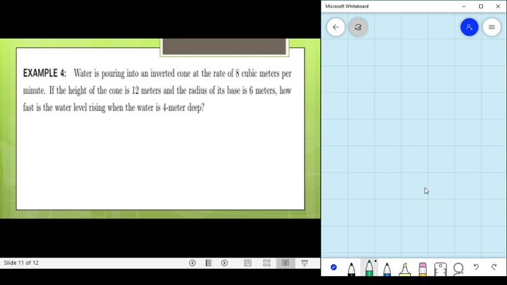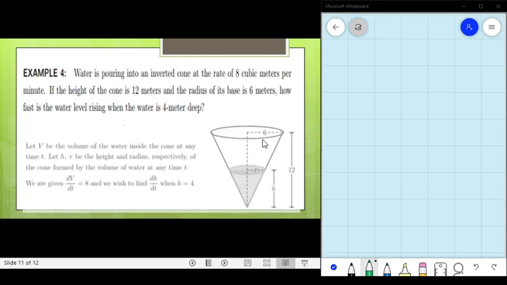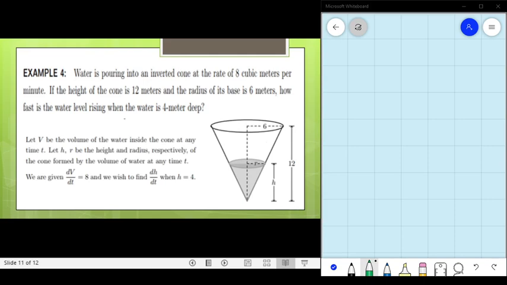So in this case, we have this illustration that this is a cone, and the height is 12 meters, and the radius is 6 meters, and the water is 4 meters deep. We want the rate at which the water level is rising when the water is 4 meters deep.